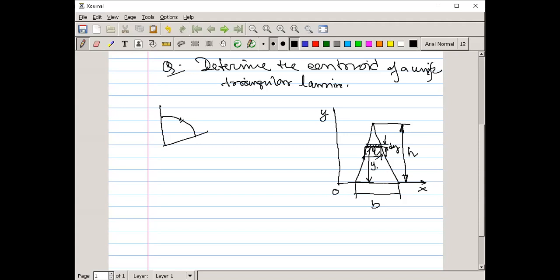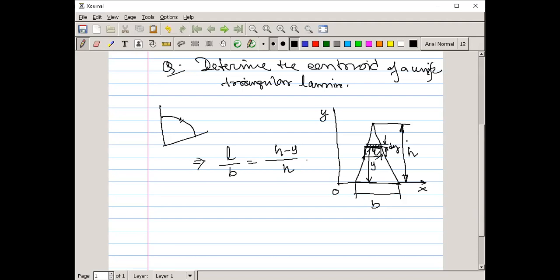So if it is like that, from the similarity of triangles we can write l by b, what we find, that l by b, means this portion divided by this portion, is equal to h minus y by h.